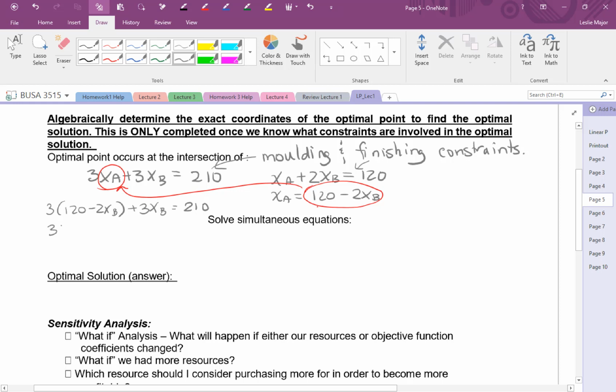This gives us 360 minus 6XB plus 3XB equals 210, which gives us negative 3XB equals 210 minus 360. Divide both sides by negative 3, and we get that XB is going to be positive 50.